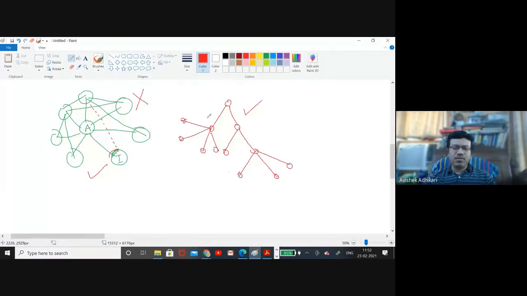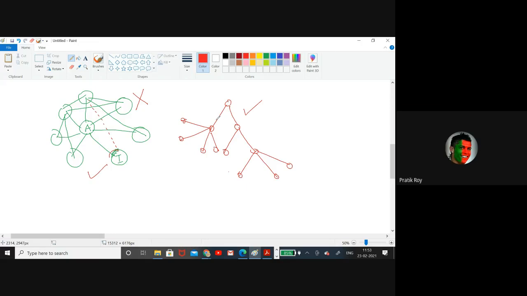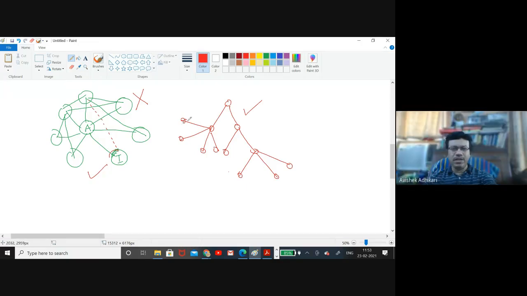So the question is which particular property, made up of edges and vertices, is present here but not present here. Quickly, can anybody tell? There is no closed path, yes. In a tree you can see that all of them are open.